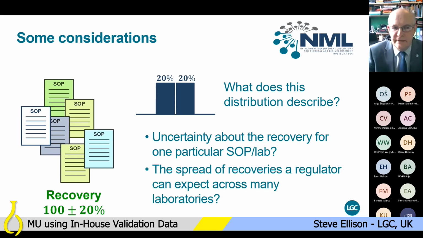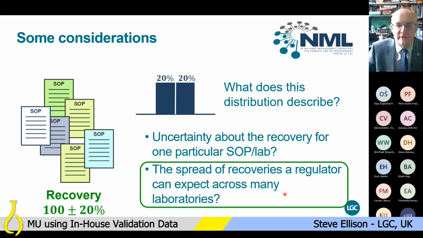So if we did an inter-laboratory study, we might see that range of recoveries. From what I've described, it's perhaps more accurate to look at it this way: the range of recoveries the regulator might see if they took a random sample of laboratories, rather than the uncertainty for a particular laboratory.